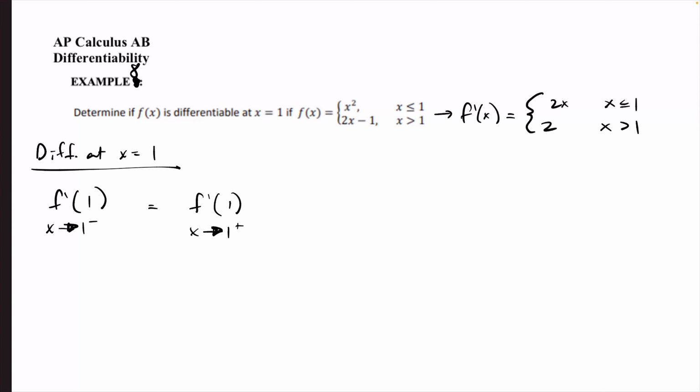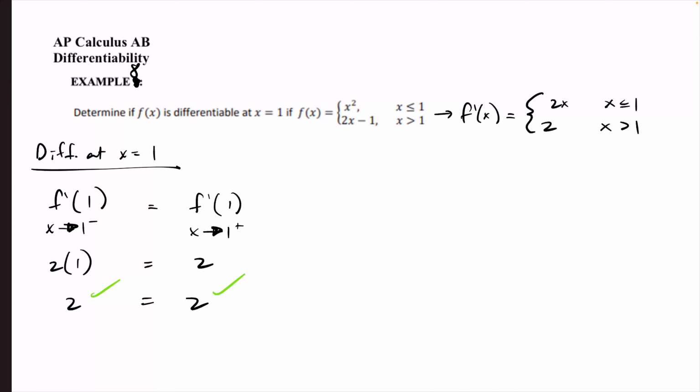So we need the derivative to check differentiability. The derivative is going to be 2x when x is less than or equal to 1, or just 2 when x is greater than 1. So now I'm going to plug in 1 to the derivatives. I get 2 times 1 equals 2. Both of those are equal. So yep, we're differentiable. There's going to be no sharp turns.